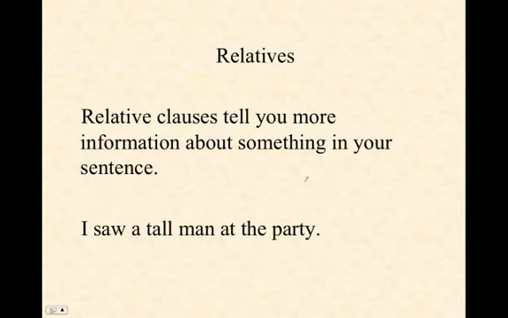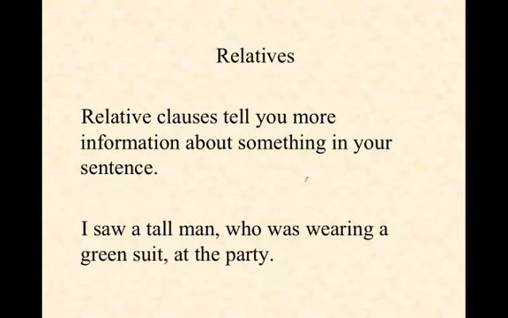You're going to use a relative clause when the additional information you want to add is far more detailed than a simple adjective could provide. Here's an example of something like that. The main sentence is still, I saw a tall man at a party. But a relative clause introduced by a relative pronoun in English, who, is who was wearing a green suit.